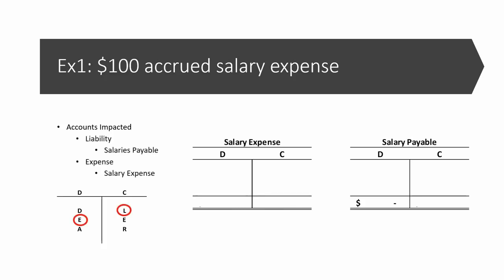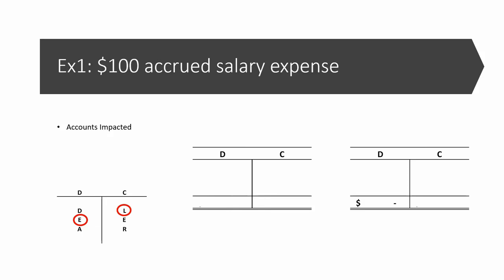In this case, the salary expense and the salary payable accounts are impacted, which are expense and liability accounts. Salaries expense is increased by $100. Salaries payable is also increased by $100.